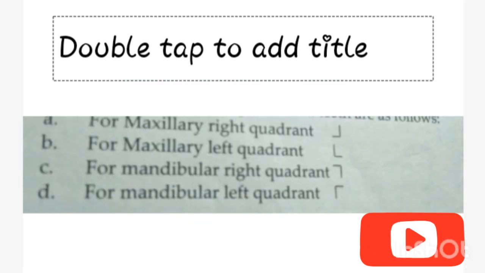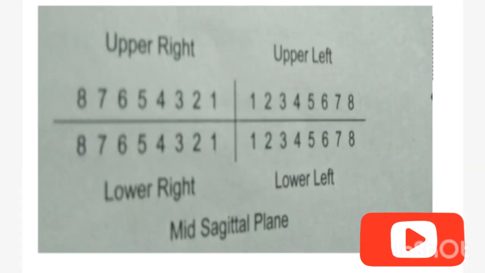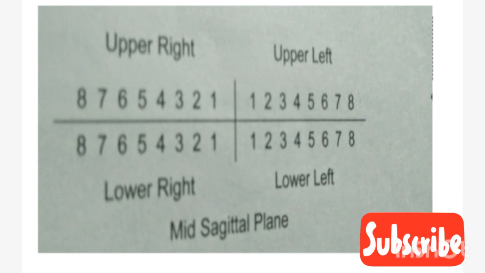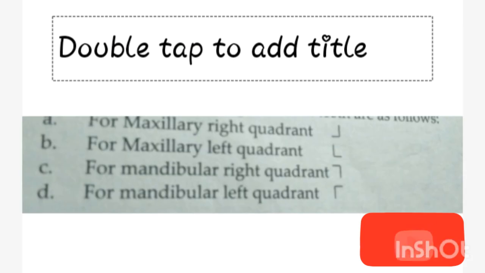What you have to do is learn or write these symbols on which everything is based, like for the maxillary left quadrant and everything. Okay, this system is not widely accepted. The only thing is everything is based upon these four things. You just have to know the symbols of these.